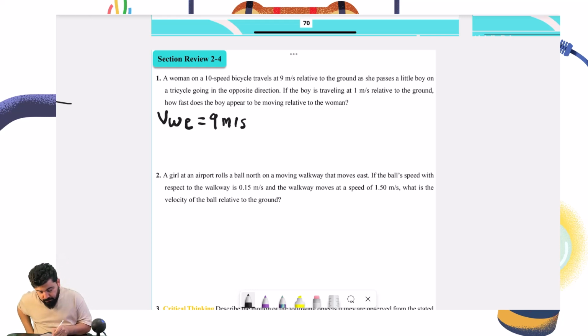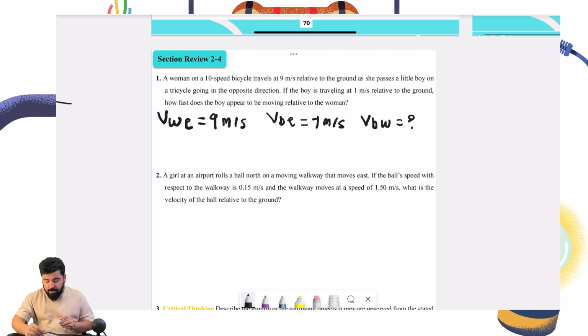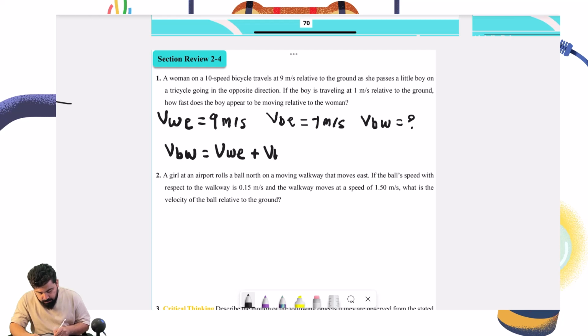The velocity of the boy relative to the ground is equal to 1 meter per second. What is the velocity of the boy relative to the woman? Because they're approaching each other, the velocity of the boy relative to the woman is equal to the velocity of the woman relative to earth plus the velocity of the boy relative to the earth. 9 plus 1, you get 10 meters per second.